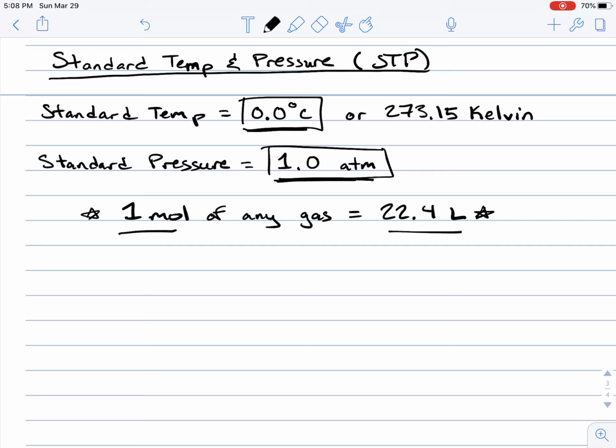So let's go ahead and take a look at another relationship. So far, we've been able to make a relationship between pressure, volume, and temperature, as well as the number of moles. For this specific topic, we're going to exclude the number of moles for now.